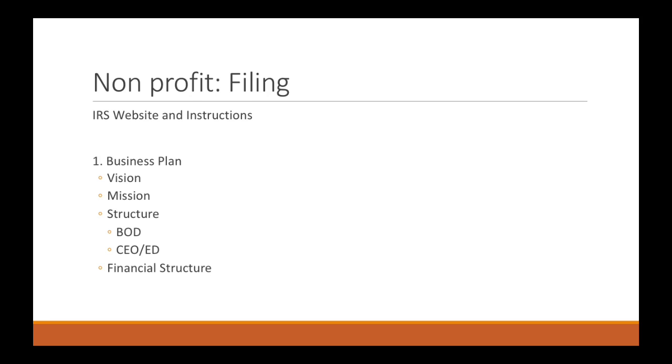Getting your board of directors together, finding the right leadership as your CEO and ED, and all the little functions that come in between. Finally, financial structure. Now, as a nonprofit, you might consider saying, well, nonprofits don't make any money, or nonprofits are not making their own money. Well, that leaves the question, how do you keep your lights on?